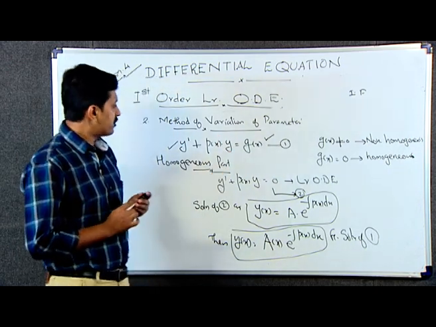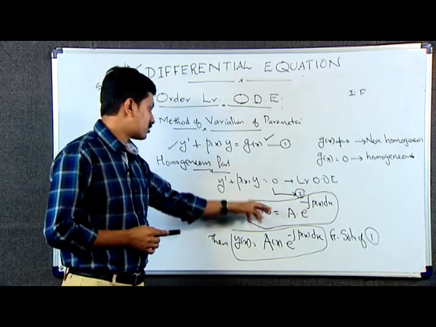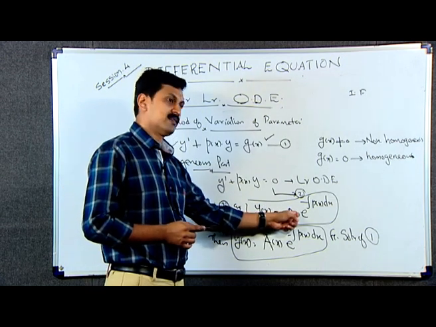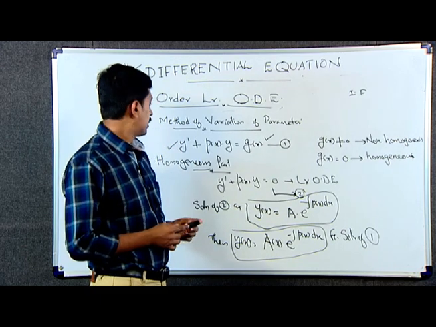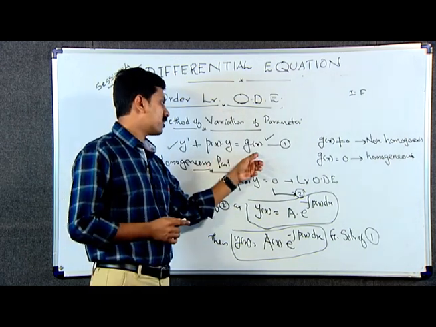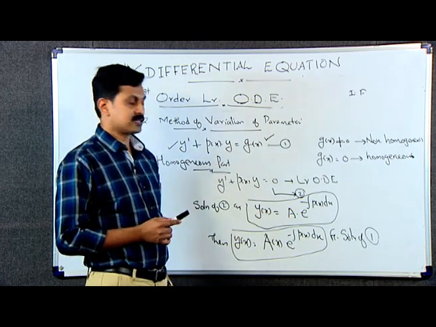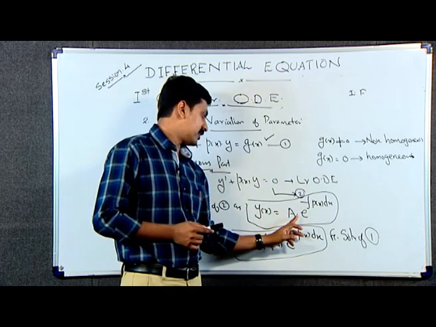So our aim is, by using this method, firstly we found the solution, then we will apply the solution in the non-homogeneous differential equation. By applying that, we can find the value of a as a of x. After assuming this, we will treat this a as a of x.